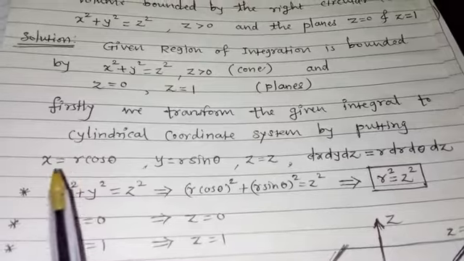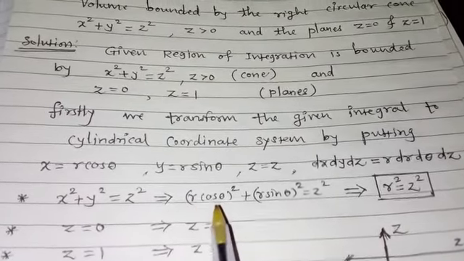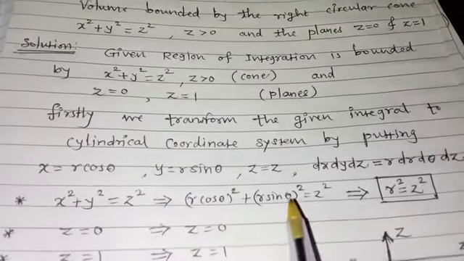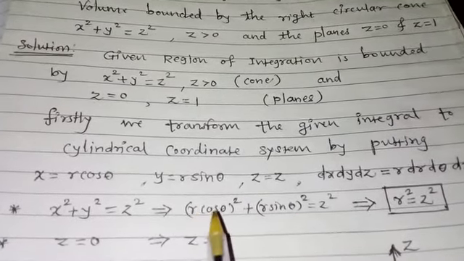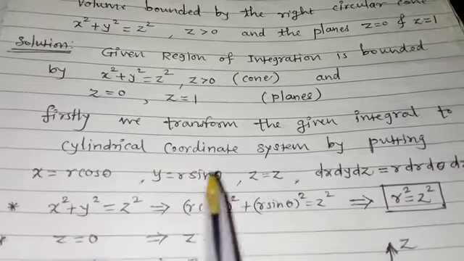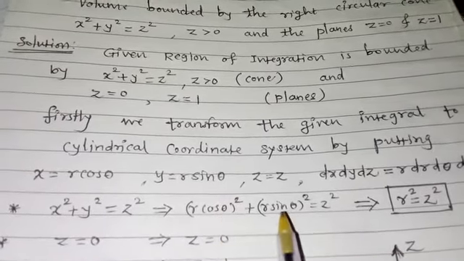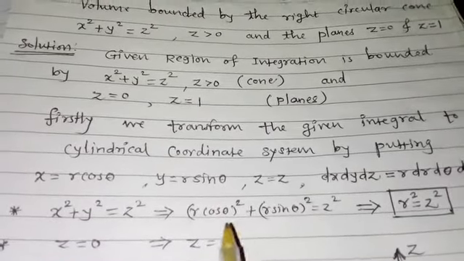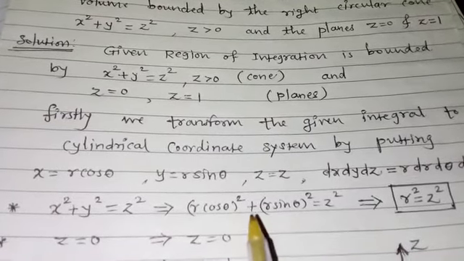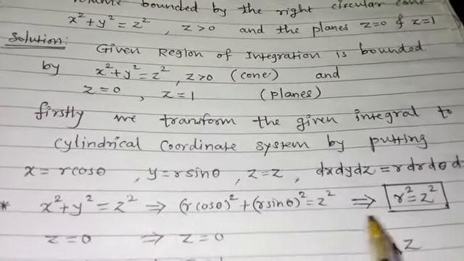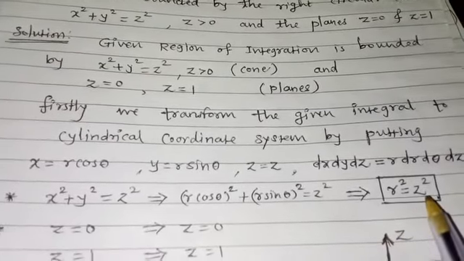After substituting these values we get (r cos theta) whole square plus (r sin theta) whole square equals z square. If I take r square common on the left side, in the bracket only cos square theta plus sin square theta remains, whose value is 1, so only r square remains. So this becomes r square equals z square.